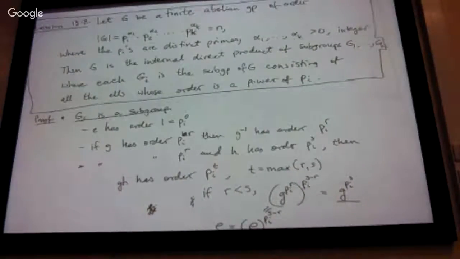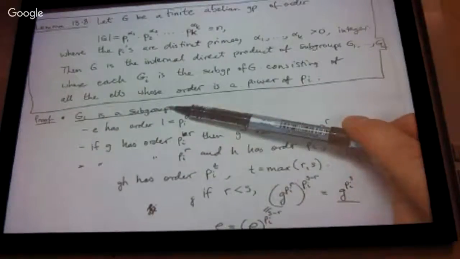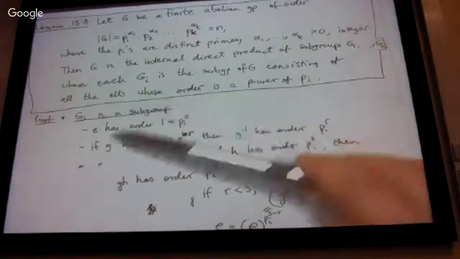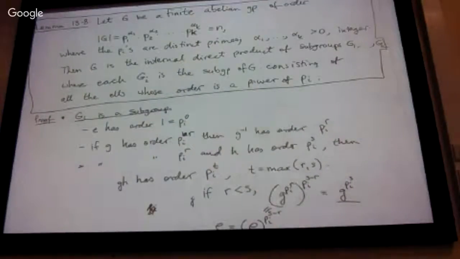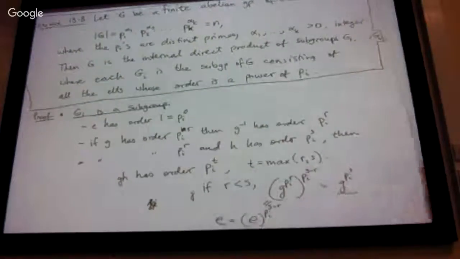And we spent some time thinking about what the internal direct product is. Well, you need subgroups. So we proved that each of these Gi, if you look at all the elements whose order is a power of the prime, forms a subgroup.